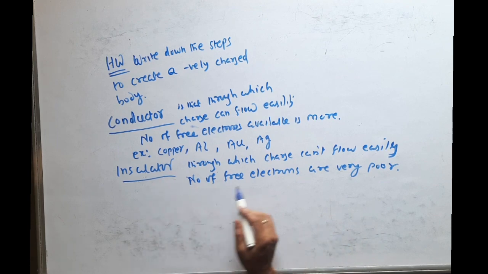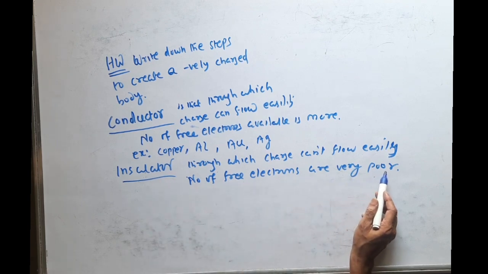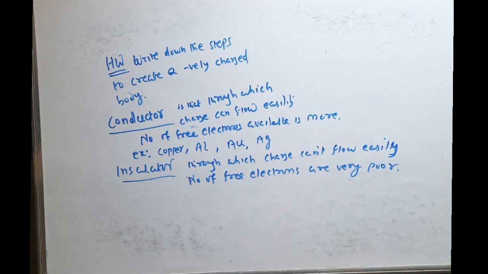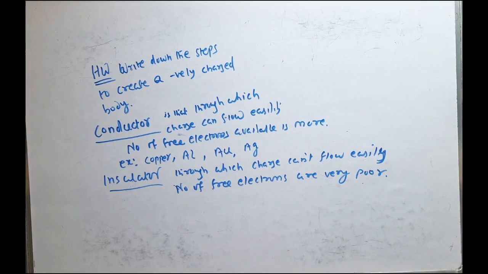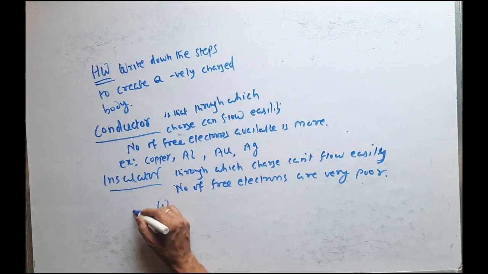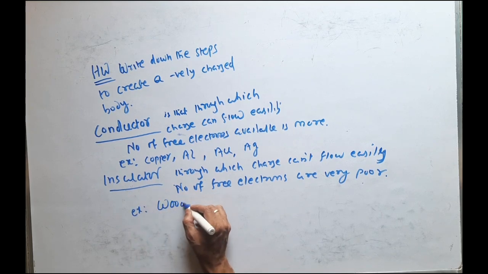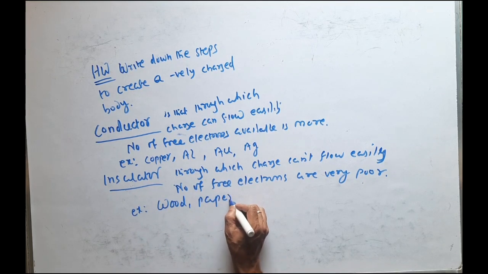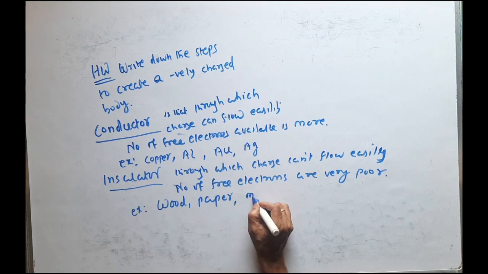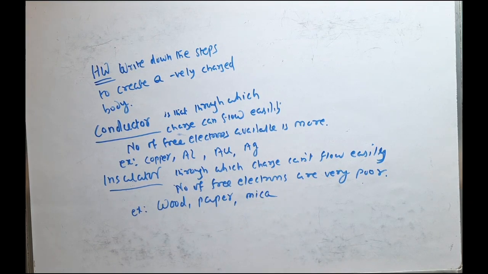But in the case of an insulator, the number of free electrons is very less. So charge cannot flow easily. What are the examples? Examples are wood, paper, mica sheet, like this. Okay.